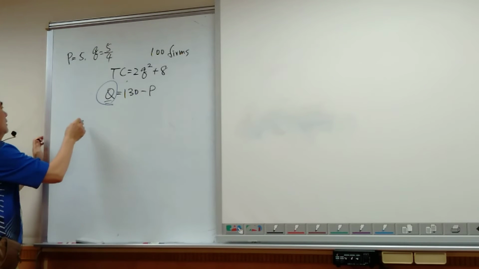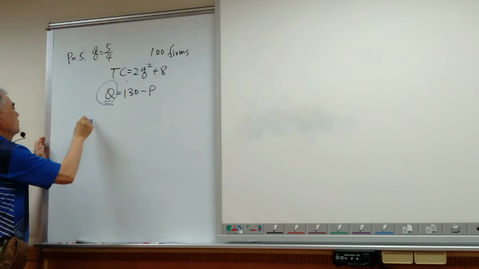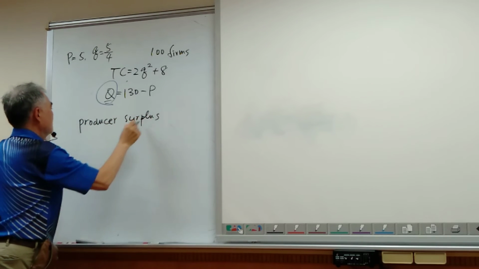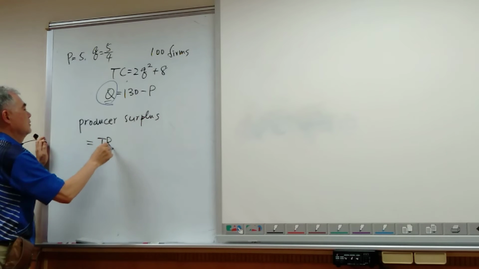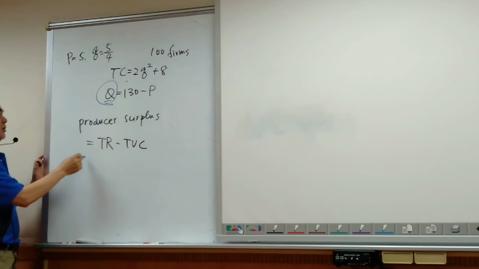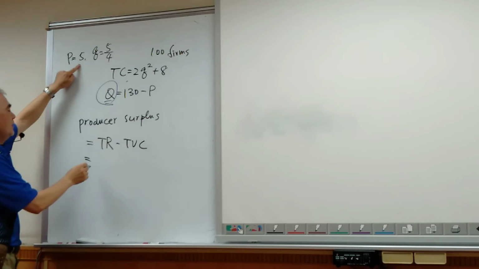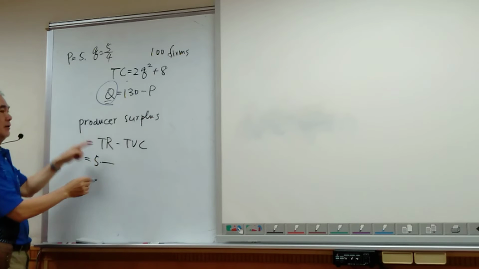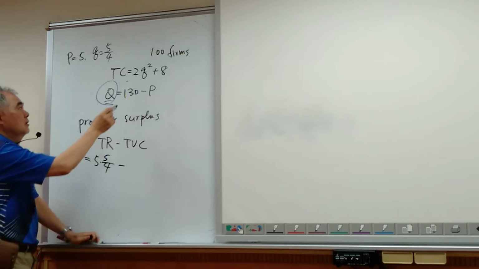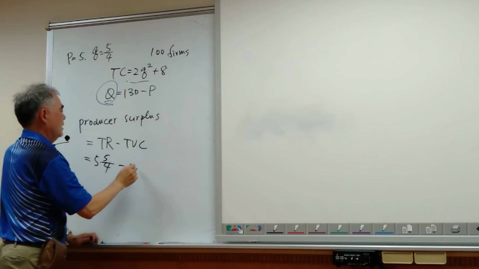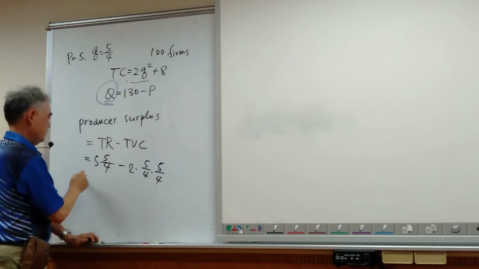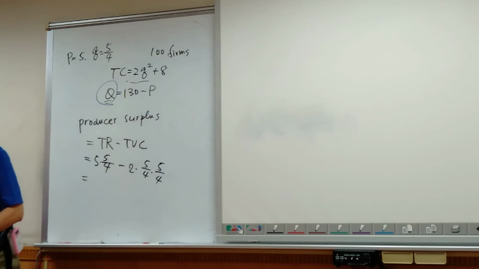And then producer surplus is equal to total revenue minus total variable cost, right? So total revenue is equal to 5 times q, which is 5 over 4, minus here 2 times 5 over 4 and 5 over 4. So here then you can get to the answer.